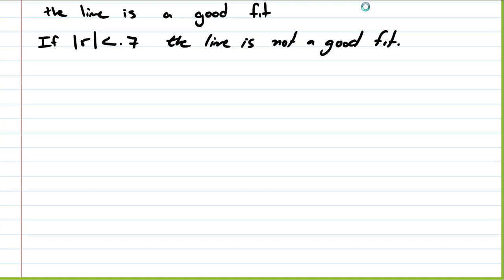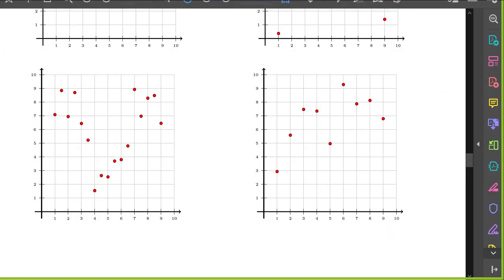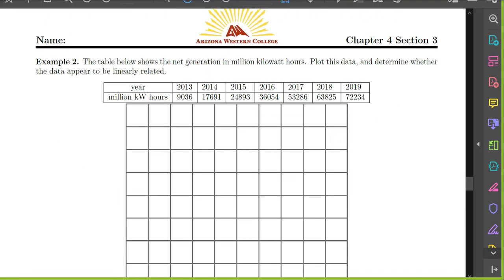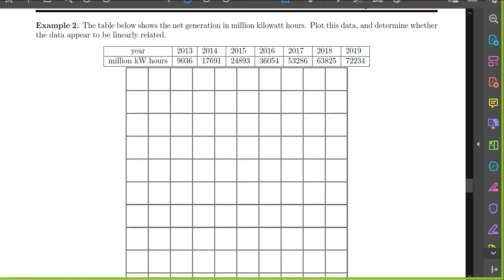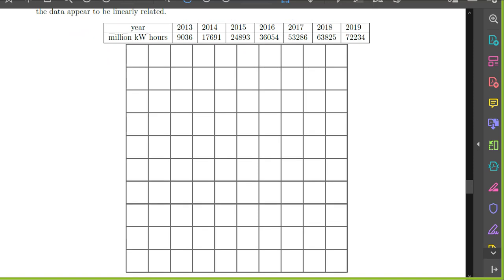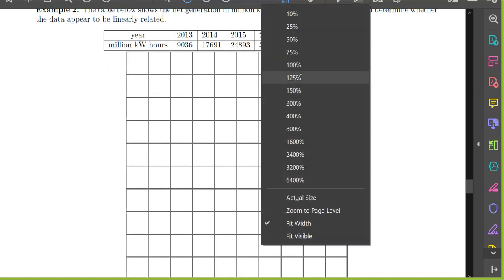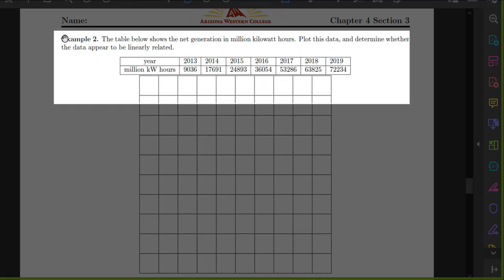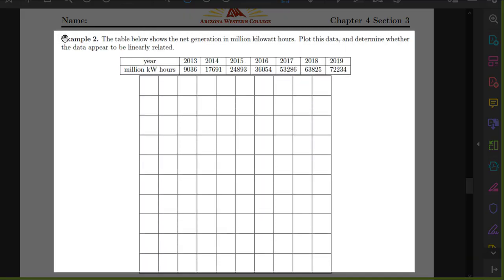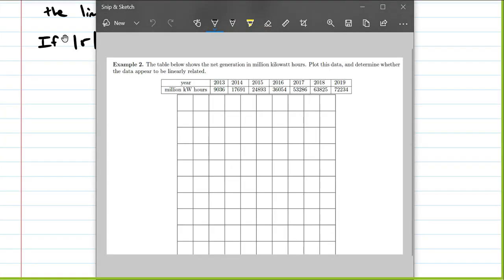So speaking of trend analysis, there are two other things we need to talk about. So for example, if we have our data set that we're going to look at here, for example, number 2, let's go ahead and actually create a scatter plot for these.